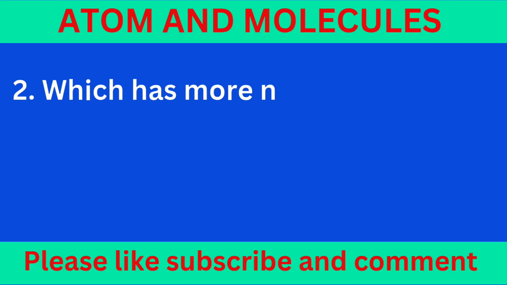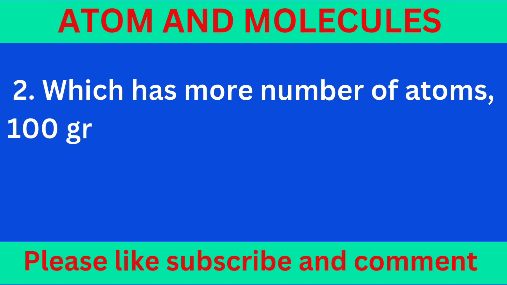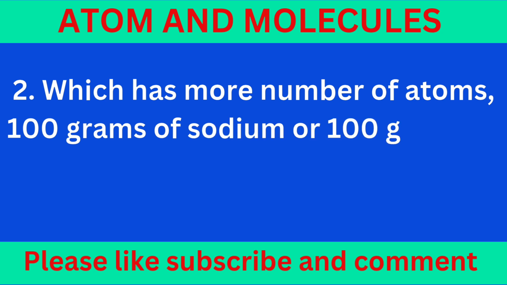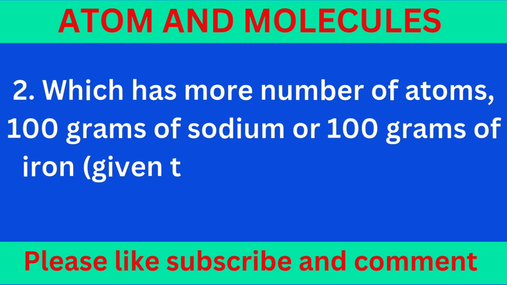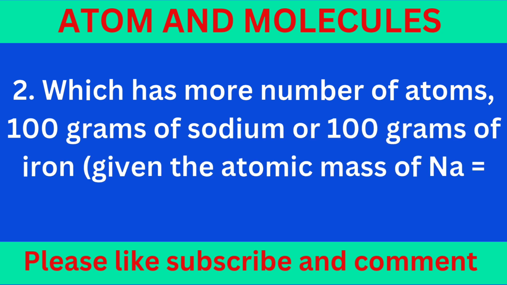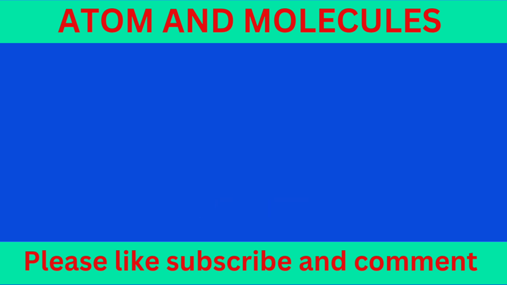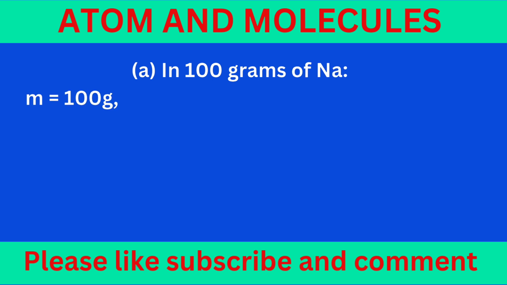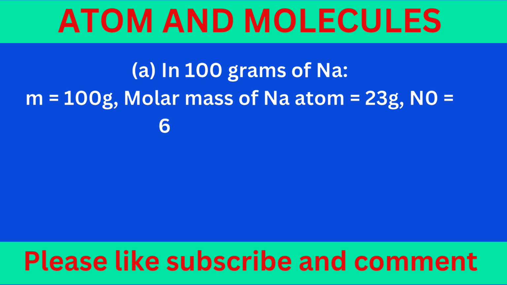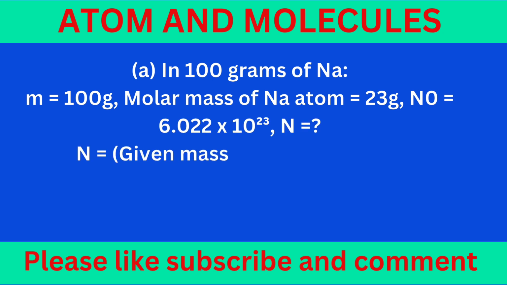Question 2. Which has more number of atoms, 100 grams of sodium or 100 grams of iron, given the atomic mass of Na equals 23 u, Fe equals 56 u? Solution. A. In 100 grams of Na, M equals 100 gram, molar mass of Na atom equals 23 gram, N0 is equal to 6.022 times 10^23.